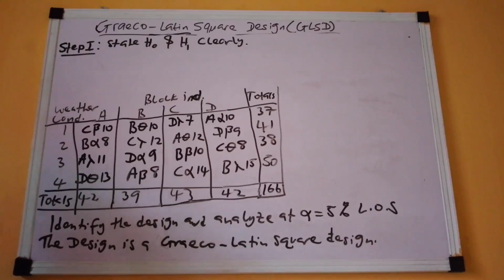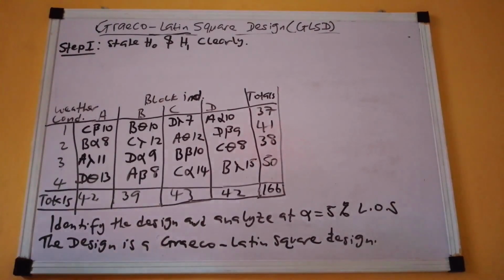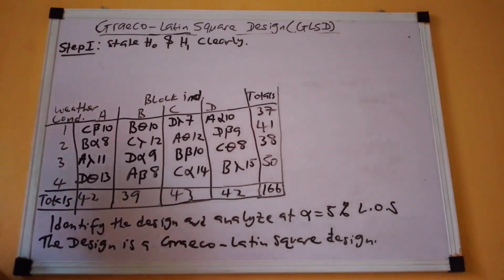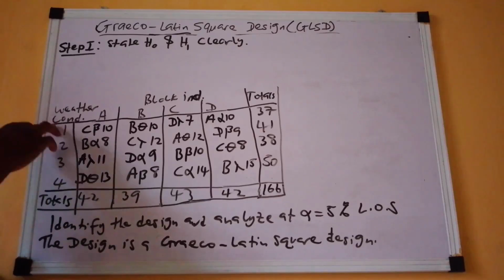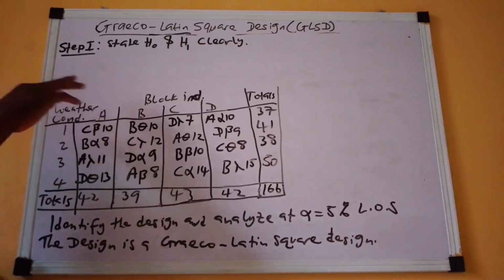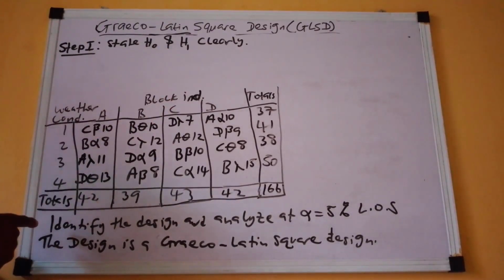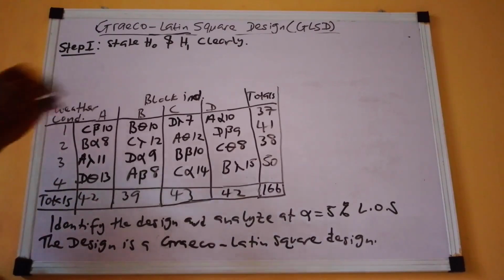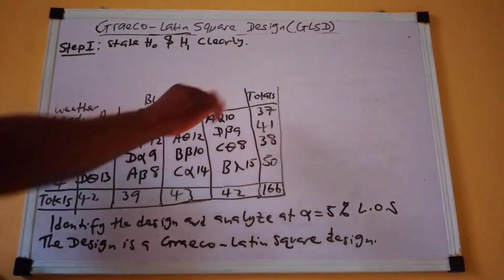Now we have 4 sources of variation, so you are going to have 4 sets of hypotheses. For the rows, we have 1, 2, 3, 4, which are the weather conditions. So H0 will be, there is no significant difference between the weather conditions. Then the H1 alternative hypothesis will be, there is significant difference between the weather conditions. Then the columns are the block industries.